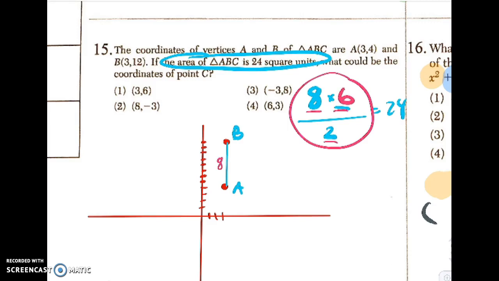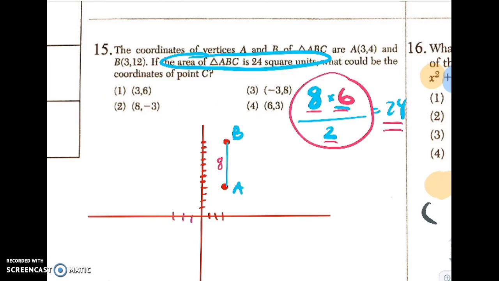So this number has to be 6, because 48 divided by 2 is 24. So the other side of the triangle has to be 6. So it's either going to be 6 this way, or 6 like that, or 6 like that, or 6 like that. So which one of these points is one of those triangles?